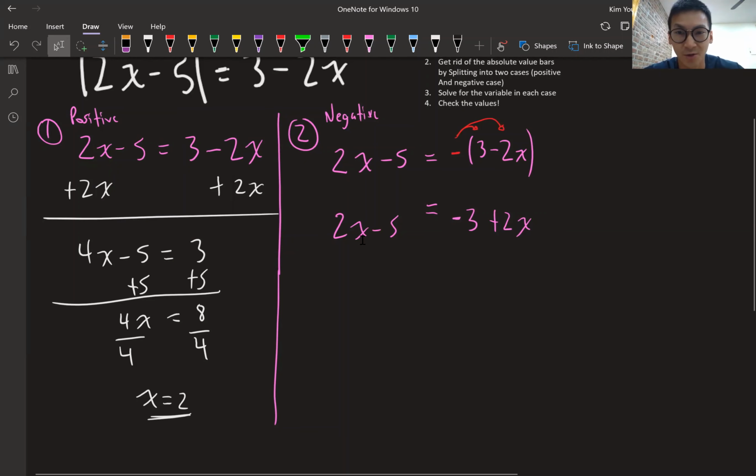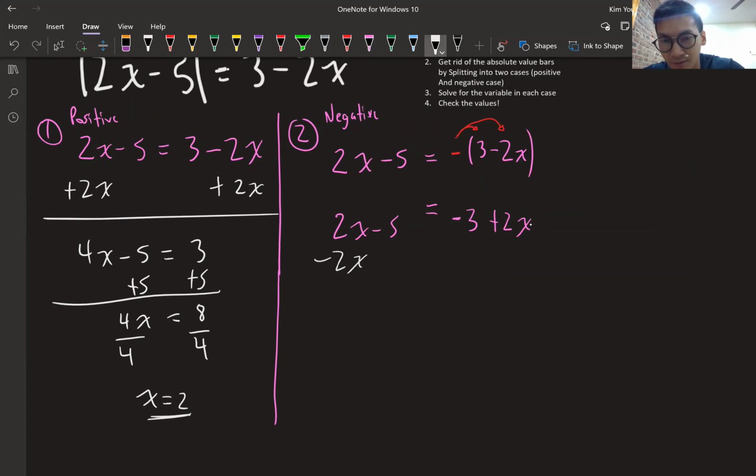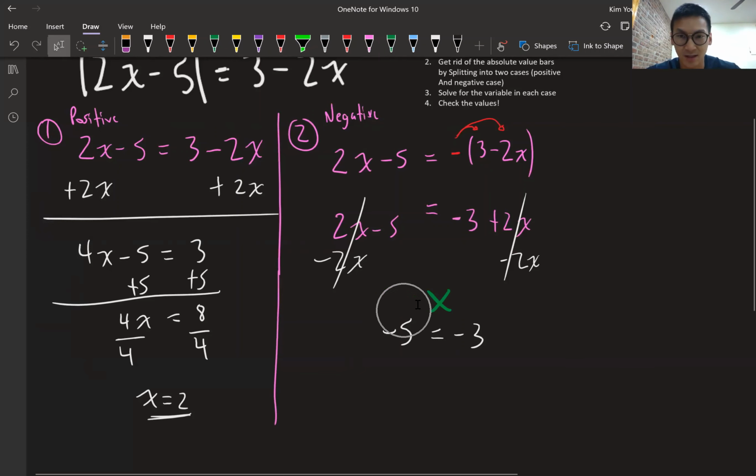Notice that you have 2x on both sides. When you try to collect them, you're actually going to get no x's, and you get this weird equation that says negative 5 is equal to negative 3. This is impossible, so this case yields no solution.